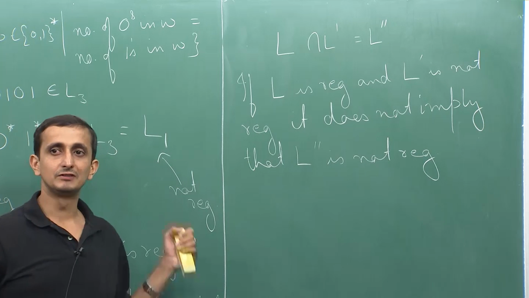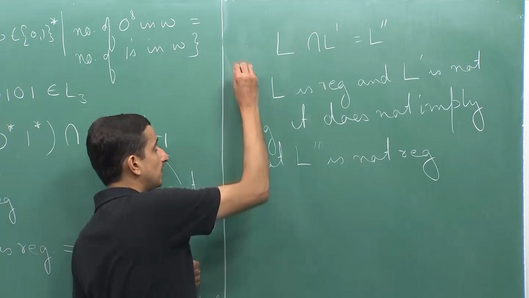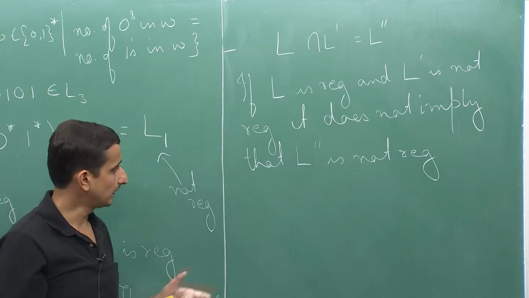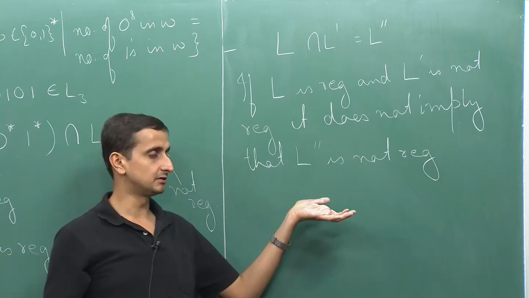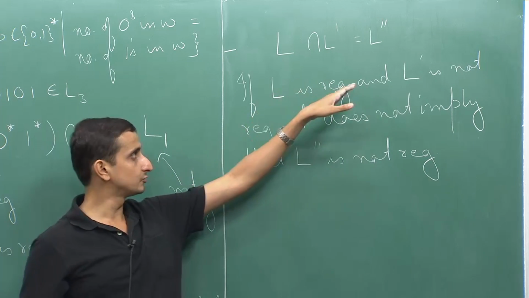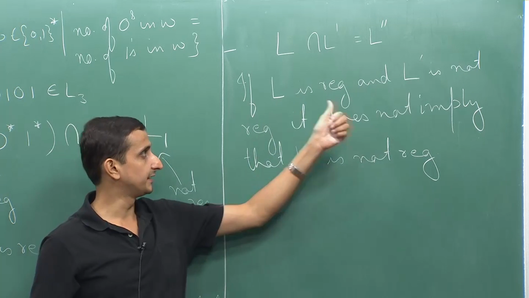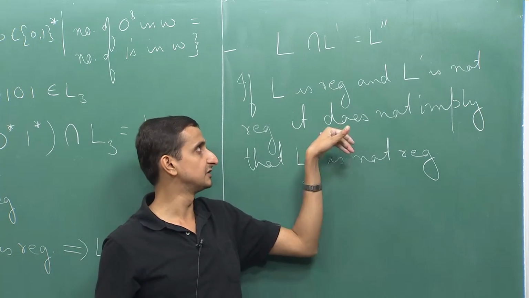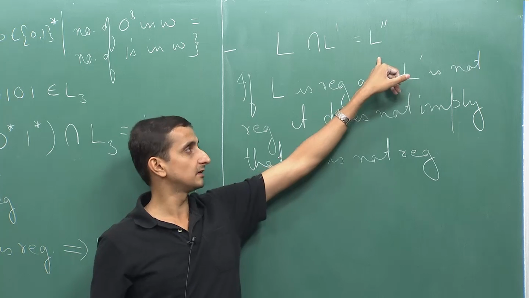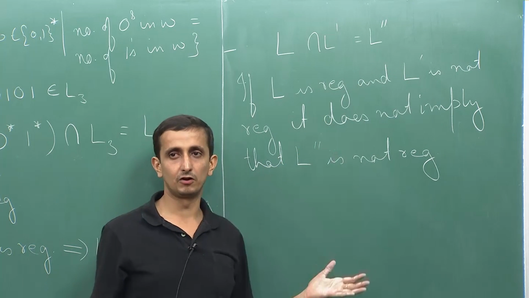This is a fallacious argument. This is not correct. If we have a language which is regular and we take another language which is not regular, their intersection might very well be regular also.